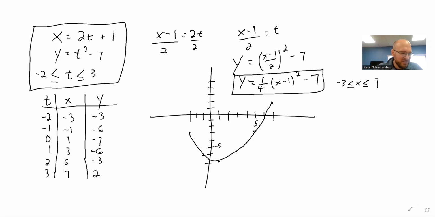Well, we can also graph some of our conic sections in parametric form. We have the circle, which we know in parametric form is just x equals r cosine t, and y equals r sine t.